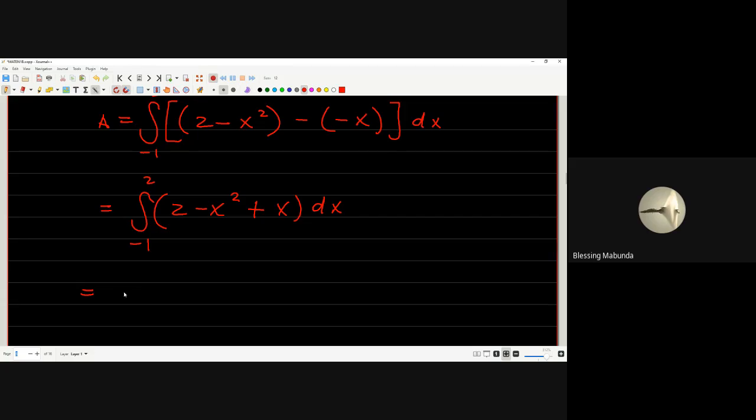And this is 2x minus x cubed divided by 3 plus x squared divided by 2, from minus 1 to 2.